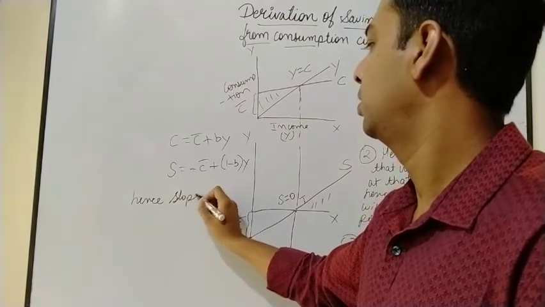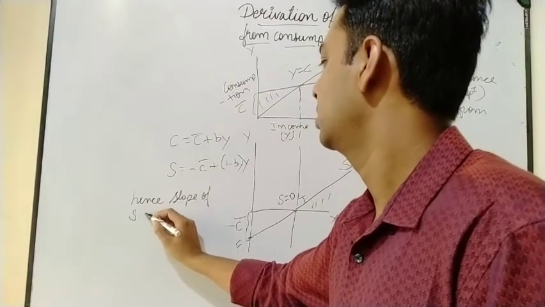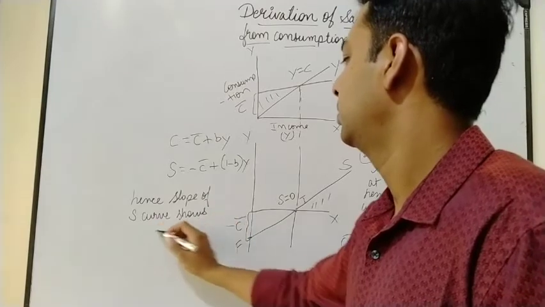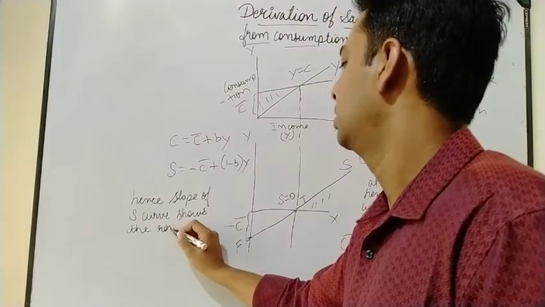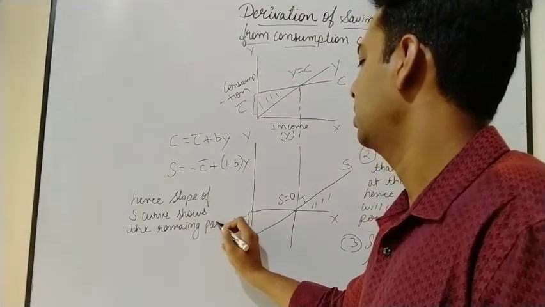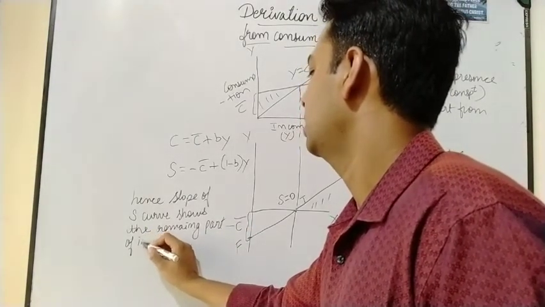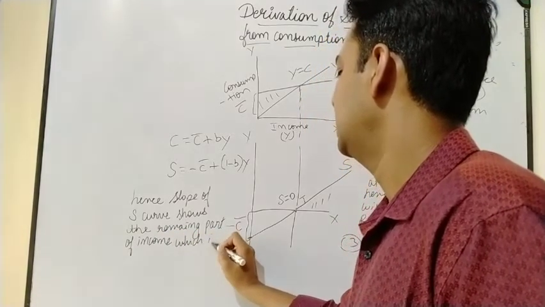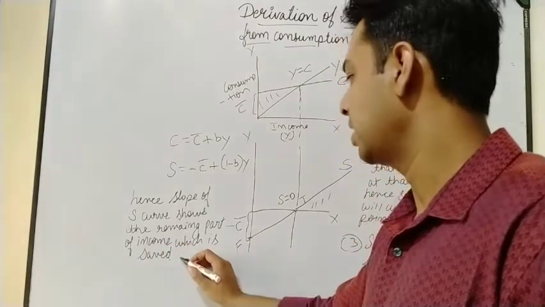Hence the slope of S curve shows the remaining part of income which is saved, जो कि बचाया गया है.